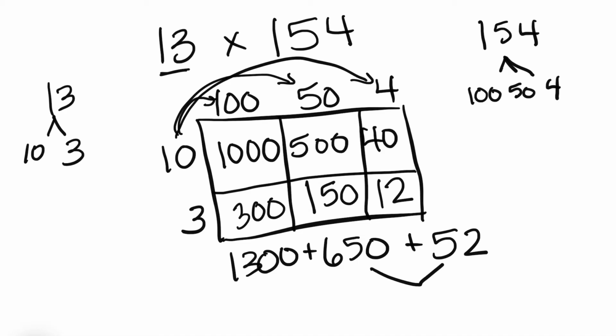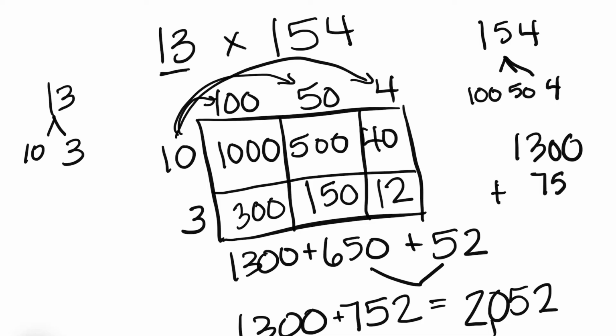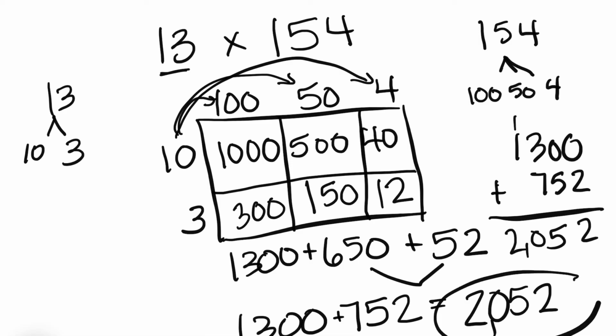If I add these together, I know that 650 plus 52 is 702, and then 1,300 plus 702 is 2,002. Let me double check my work. Yep, 2,052. So that helps me break down a bigger problem into smaller pieces.